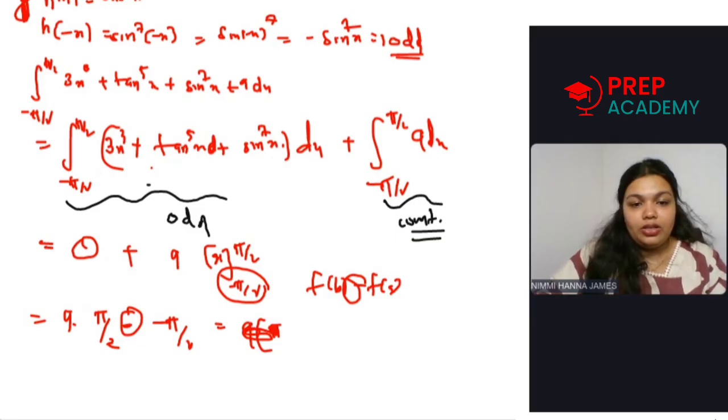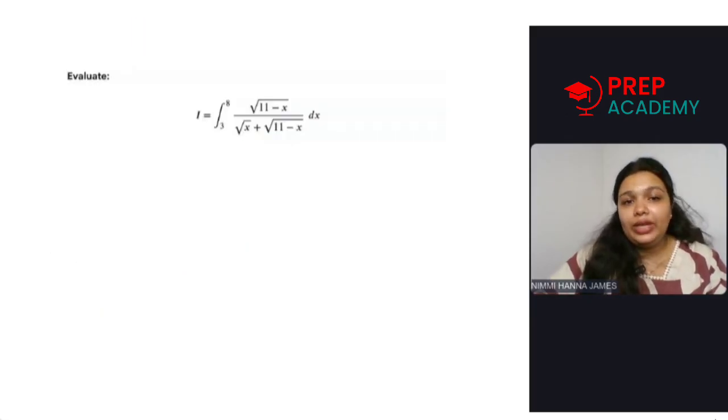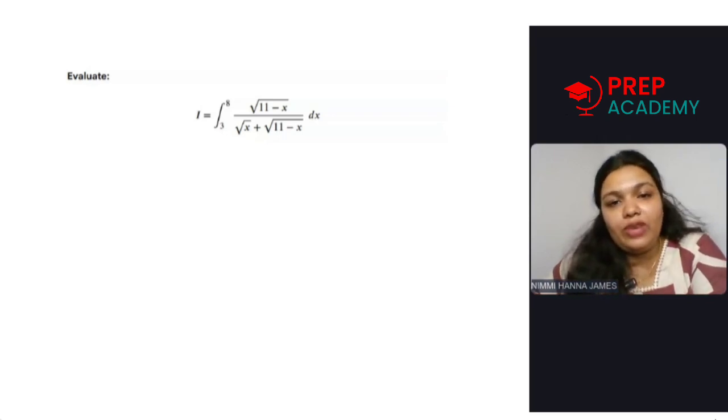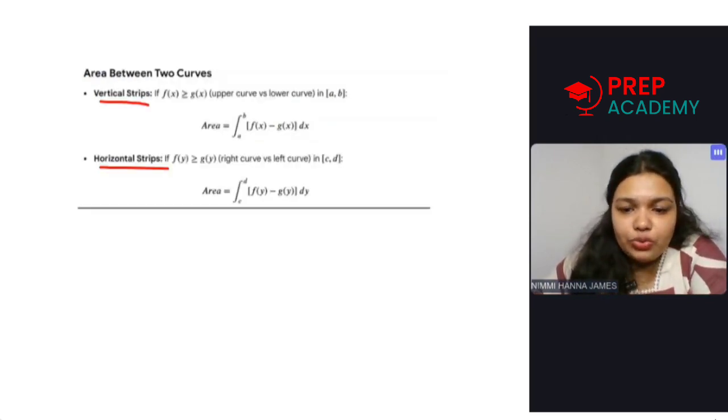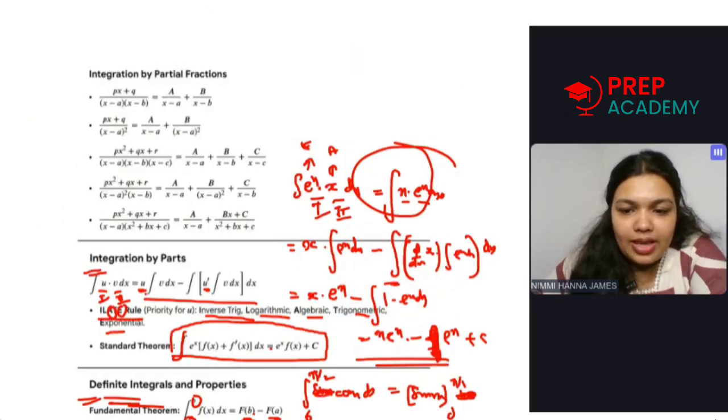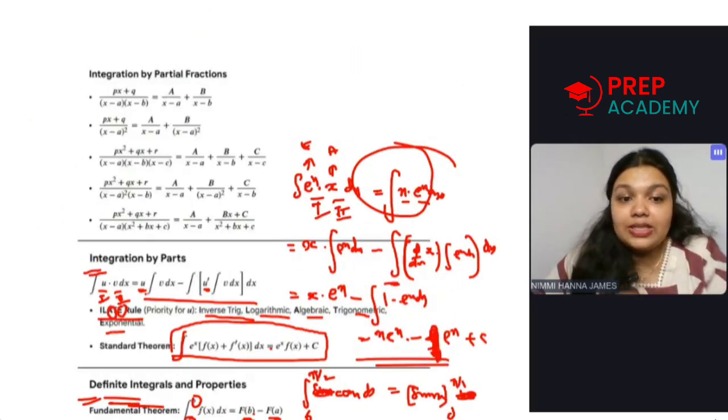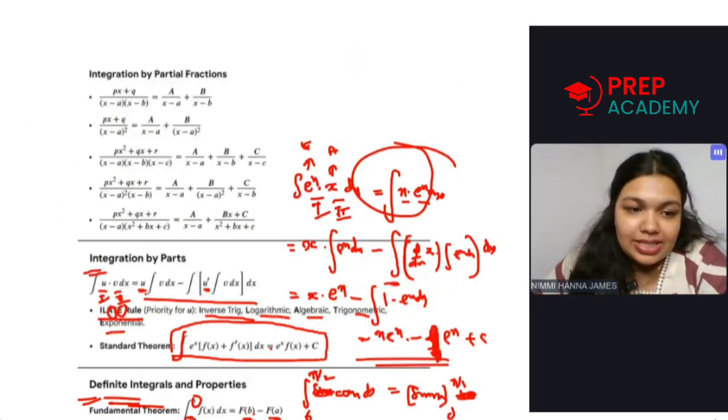Then the next question, evaluate I is equal to the integral from 3 to 8 of root of 11 minus x by root x plus root of 11 minus x dx. Here we have to use a property. I've mentioned King's property: the integral from 0 to a of f of x is equal to the integral from 0 to a of f of a minus x dx.